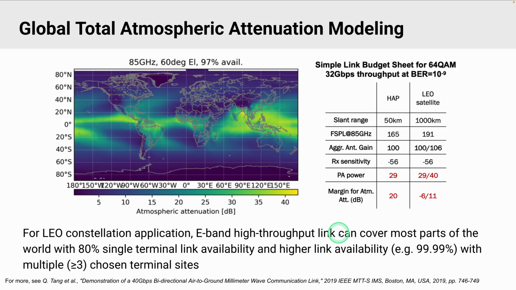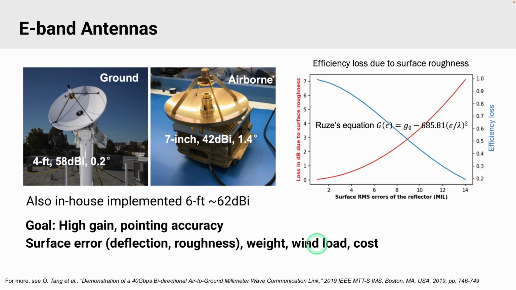By carefully selecting and positioning the terminal site locations, it's possible to achieve even higher link availability, potentially reaching 4 nines by using multiple terminals that are spaced far enough apart. For feeder links, where form factor and cost are less critical, we can opt for larger aperture sizes and higher antenna gains, which significantly boost overall system performance and capacity.